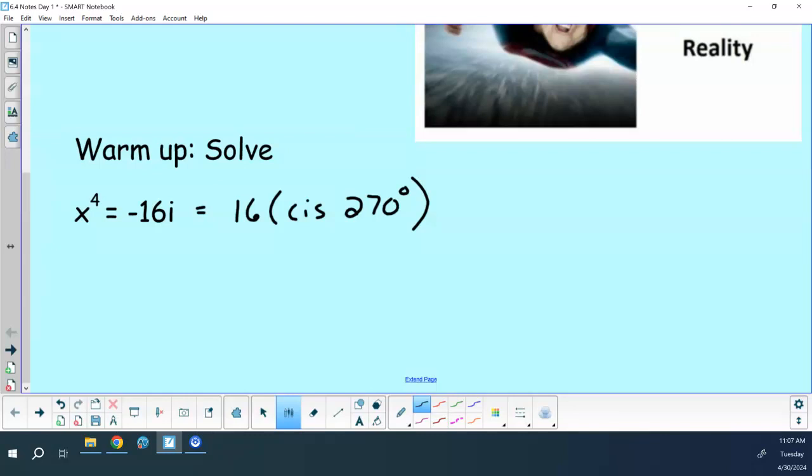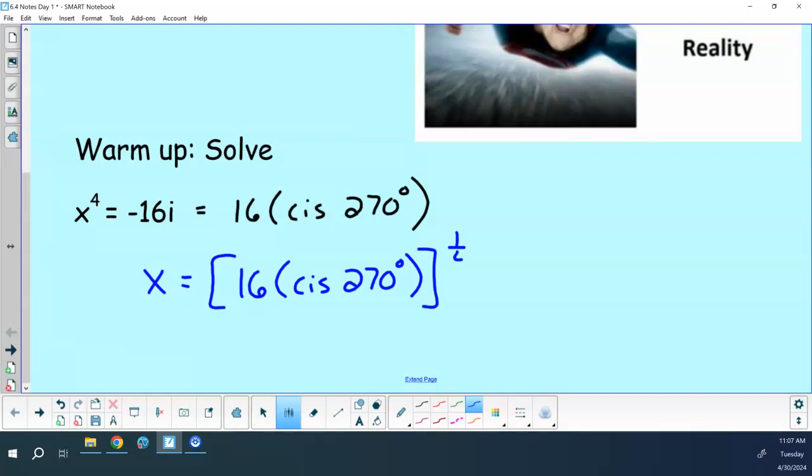Okay. So then we have to take the fourth root of that one. So here now, x then is going to equal 16 cosine I sine of 270 degrees to the 1/4 power, because I'm going to need to take the fourth root here and there.